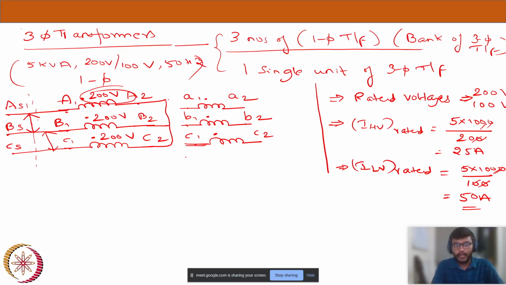Since 200 is the rated voltage on the HV side at every winding, my line to line voltage will be 200 multiplied by root 3.